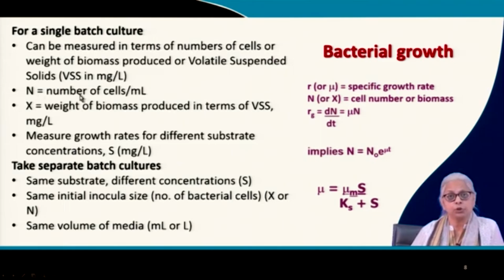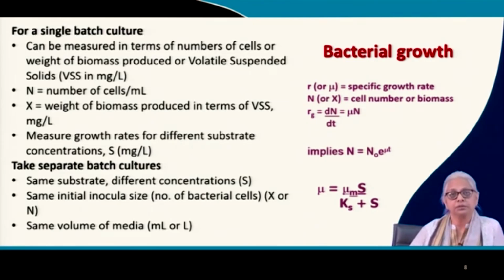For number of cells, if you're doing plate counts or microscopy, you will do it in terms of number of cells per ml. So there are different ways of doing it. N normally stands for number of cells per ml, and X normally stands for the weight of biomass produced in terms of VSS. You also want to measure growth rates, and we will come to the derivation of Monod kinetics.